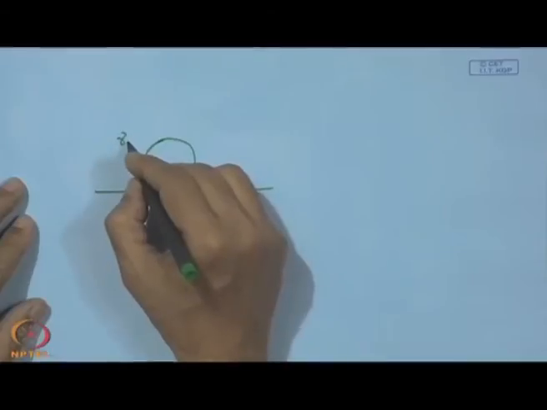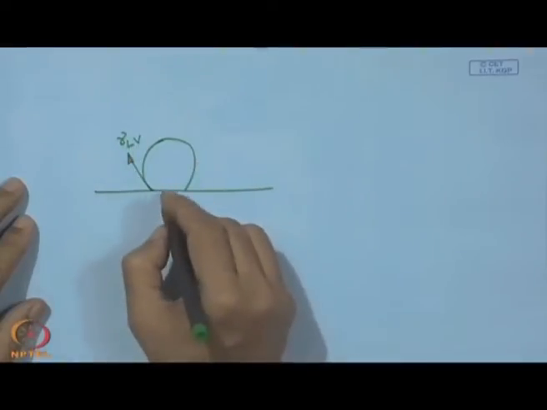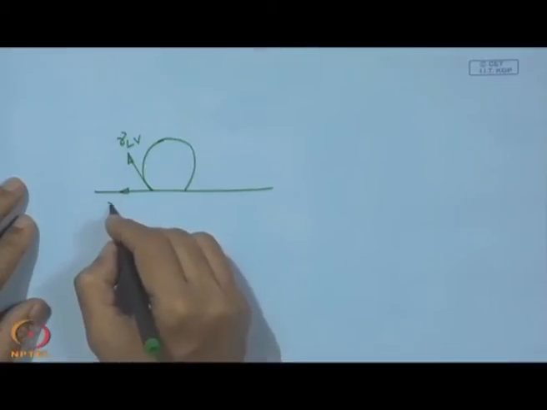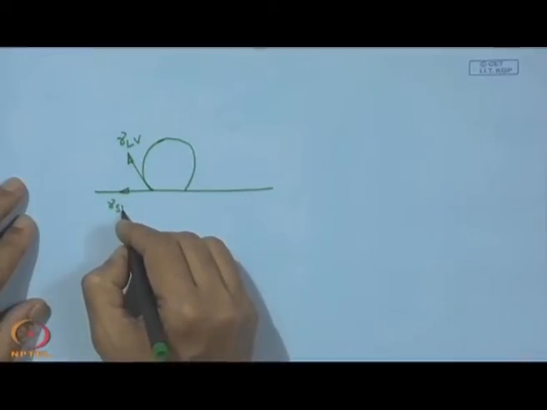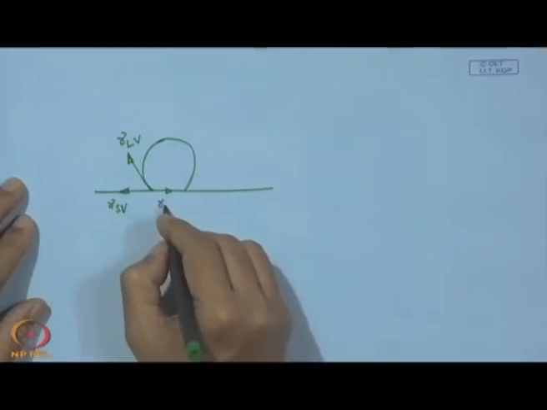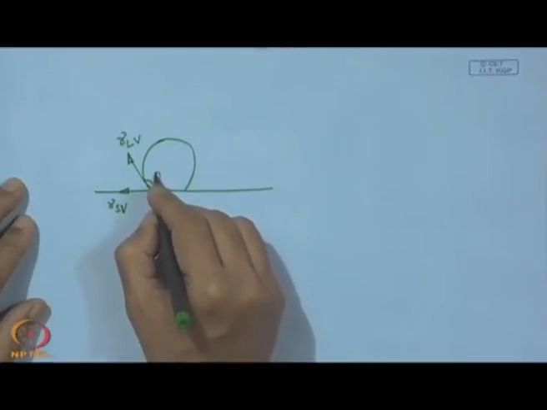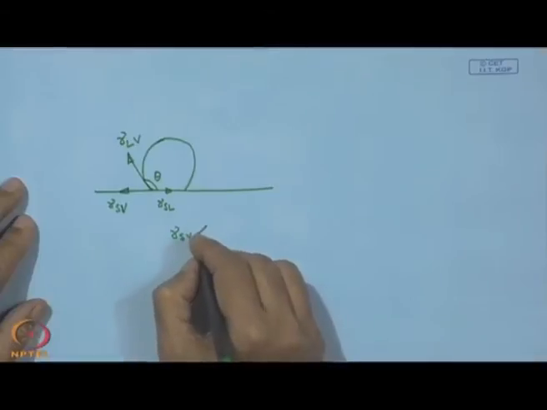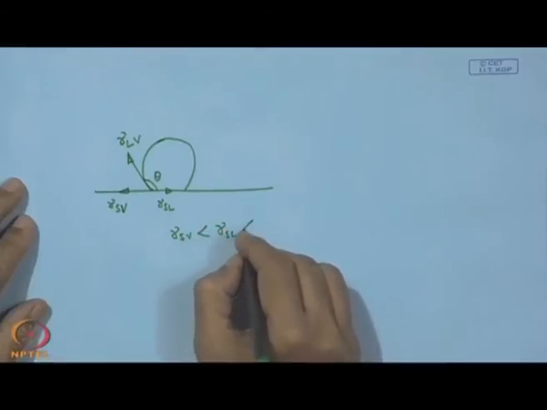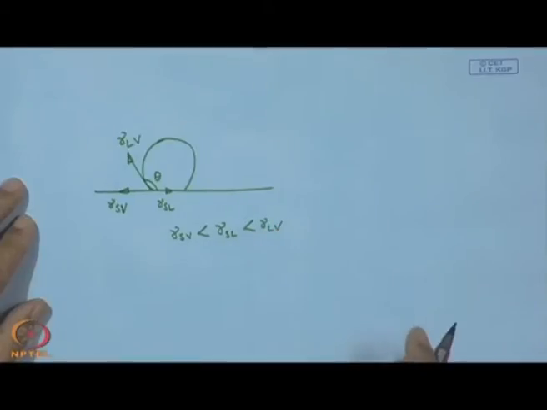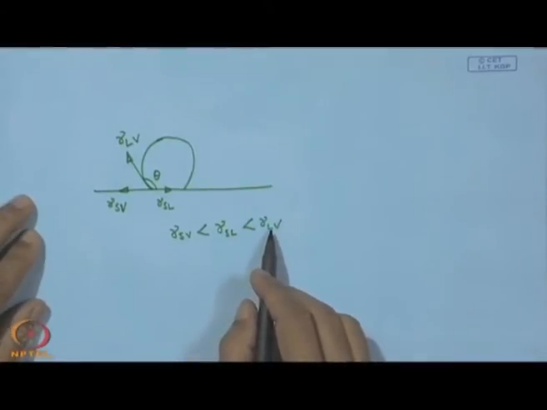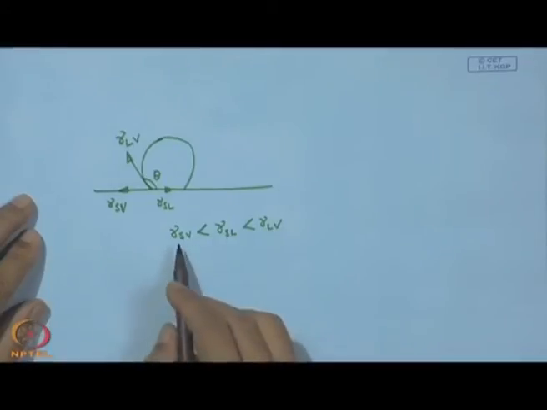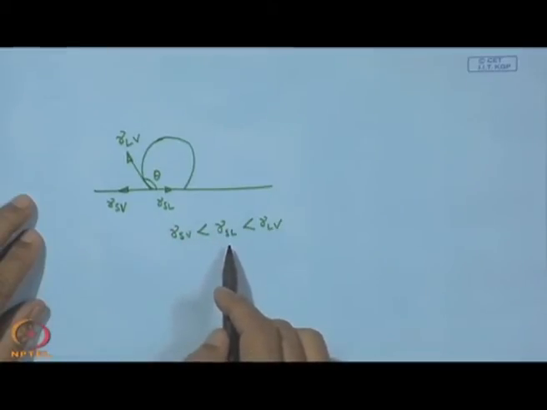This will be gamma LV, and in this case this is gamma SV, this is gamma SL and this is theta. So, in this case the situation changes this way. That means, in this case liquid tension is quite high compared to the surface energy of the solid surface, though the interfacial tension is in between these two extreme values.